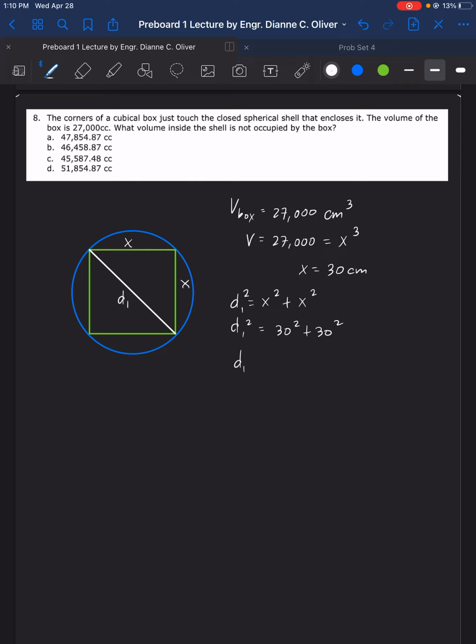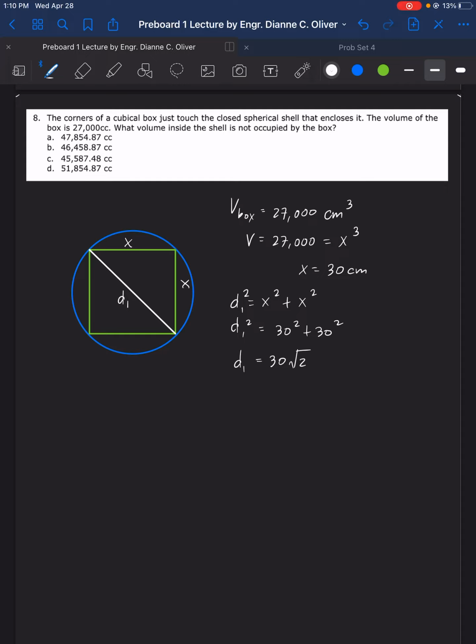So d sub 1 here is equal to 30 square root of 2.